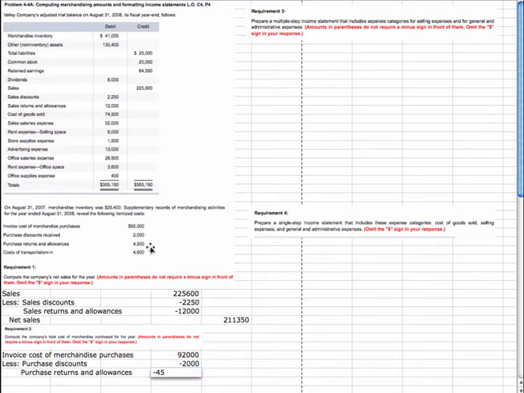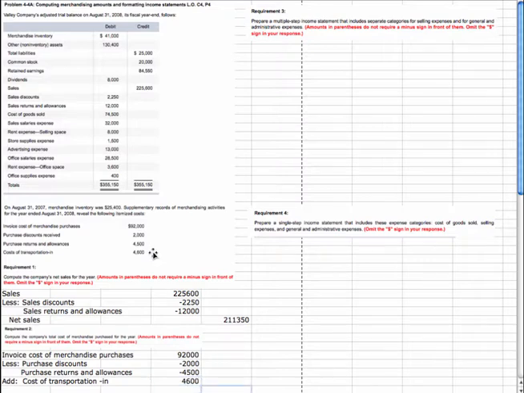So that's $4,500. Now remember we need to add in also, because this whole thing of net purchases is what is the cost of that inventory and what does it cost us to get it into a saleable condition. So last thing we have in here is the freight charges. So we want to add the cost of transportation in, and according to that, the number is $4,600.